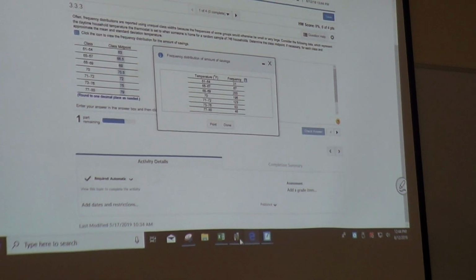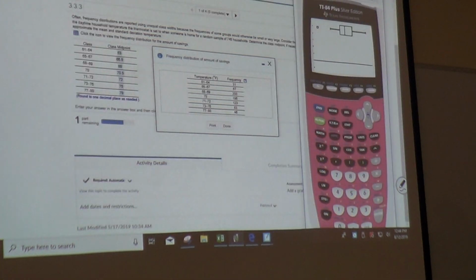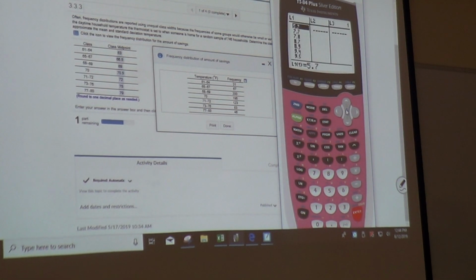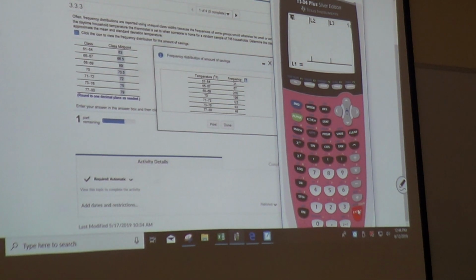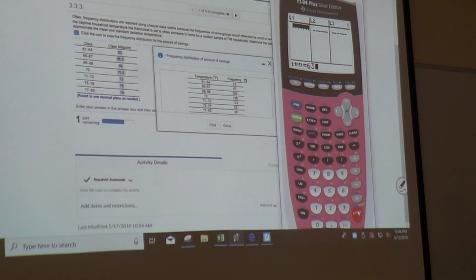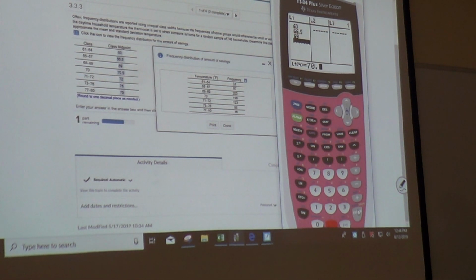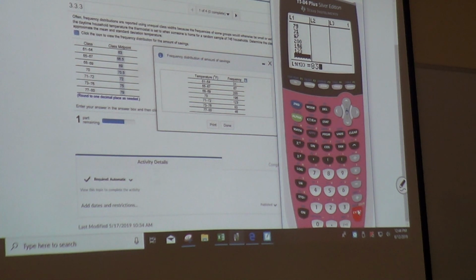So I'm going to come over here, do stat edit, and clear out that list. Dag-nabbit, I didn't move to the other column.